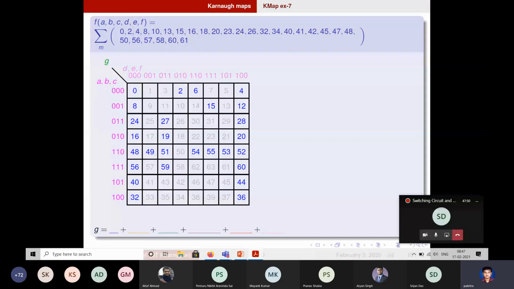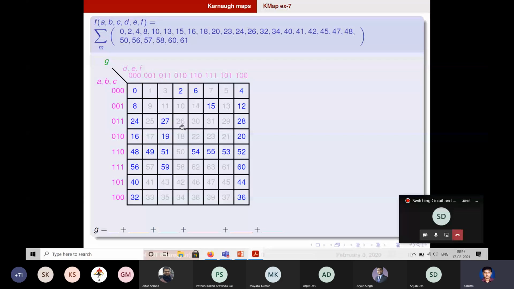And the usual vertical wraparound and horizontal wraparound of individual 4x4 blocks also hold. So 0 and 2, 8 and 10, 24, 26 are also adjacent. So you have the wraparound, the reflection, and the usual geometric adjacency.